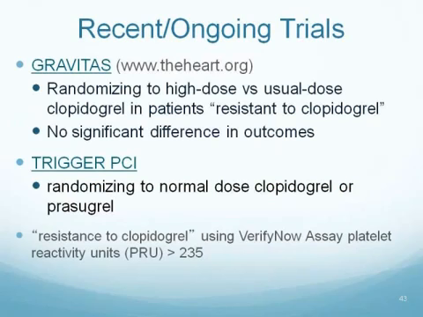The first one is a study that was reported at the American Heart Association meeting in November of 2010. The Gravitas study looked at patients who were resistant to clopidogrel as determined by the Verify Now assay. These patients were randomized to high-dose clopidogrel, which is 150 milligrams a day, versus the usual dose of 75 milligrams per day.